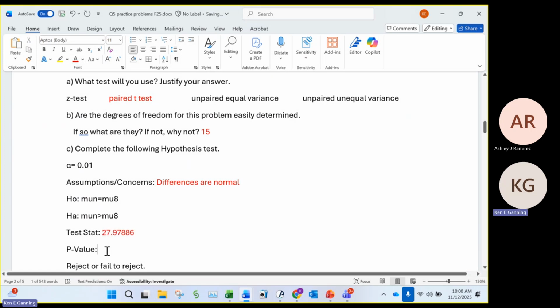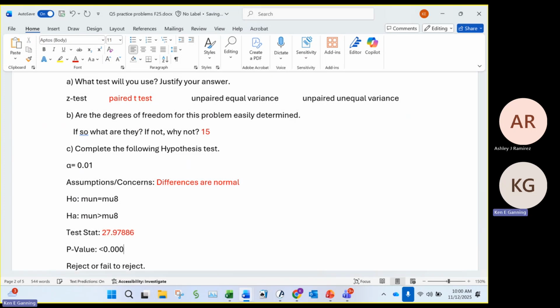So I am going to put less than 0.0001. If you put 0.000 down, yeah, if it rounds to 4 decimal places, it'll be all zeros. You might not get a 0 until like the 7th place or whatever. Technically, that's correct. It's probably not good form, but I'm not going to sweat that one out.